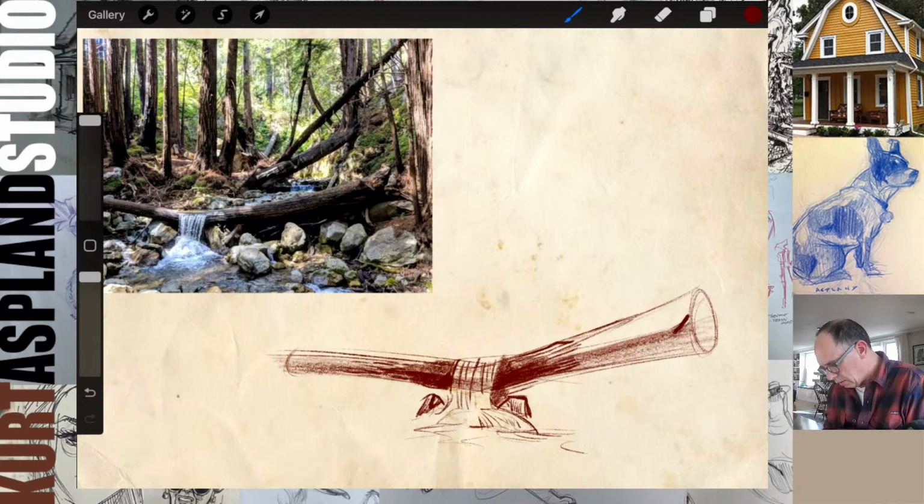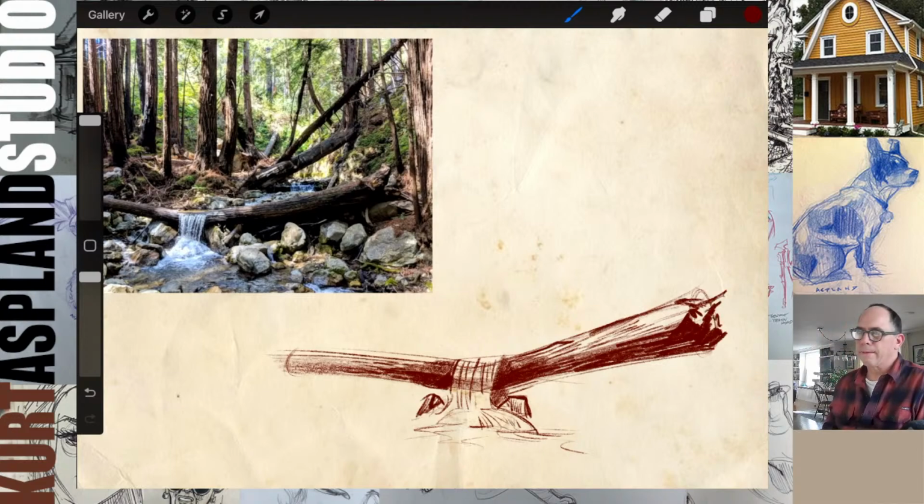And then even down here, you could come up with an interesting silhouette.